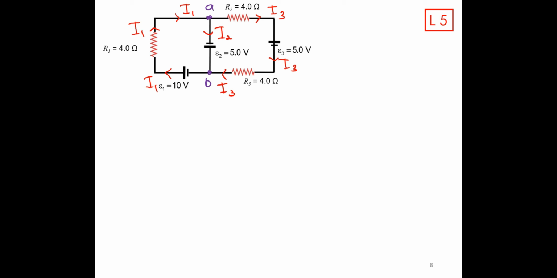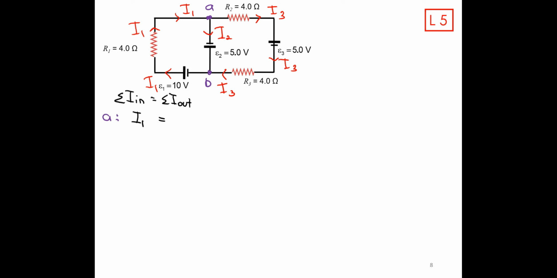To solve the first Kirchhoff rule, which is the total current in equals the total current out, just refer to the direction of current that reaches the junction. So I choose A first, junction A. At junction A, I in is represented by I1.